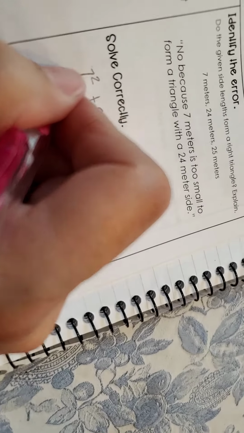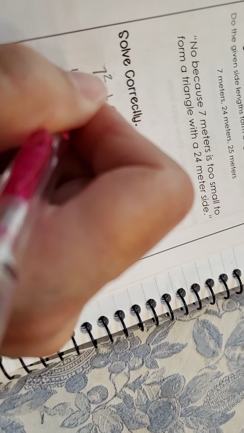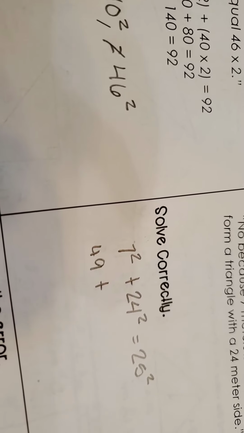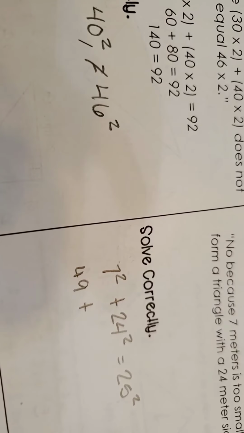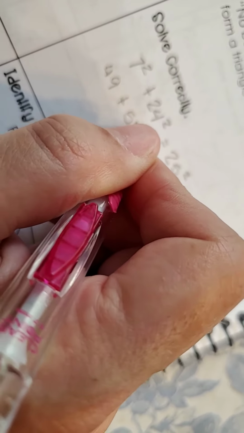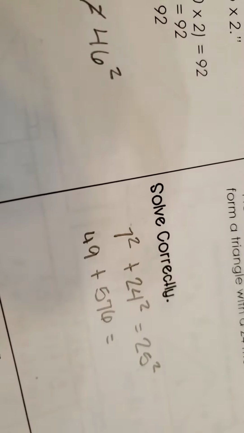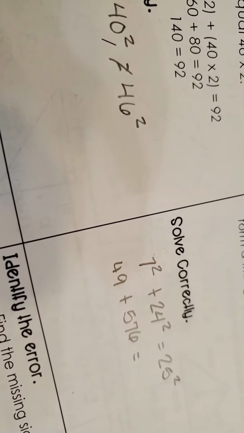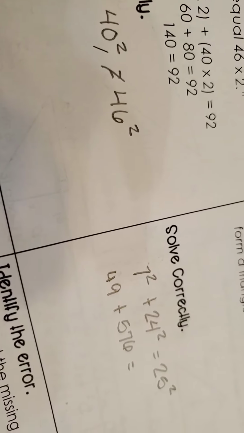Okay, so 7 squared is 49 plus, I'm just curious, I don't think that it's going to work, but we're going to see. So 24 squared is 576. Is that going to be equal to 25 squared? That's our question. And 25 squared is 625.